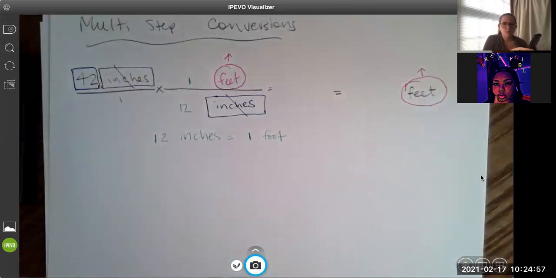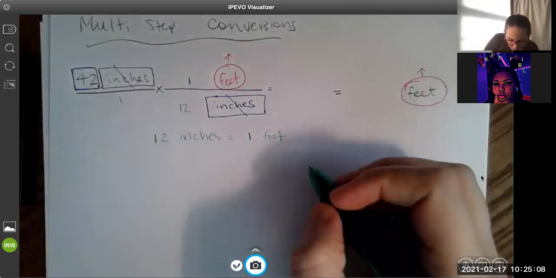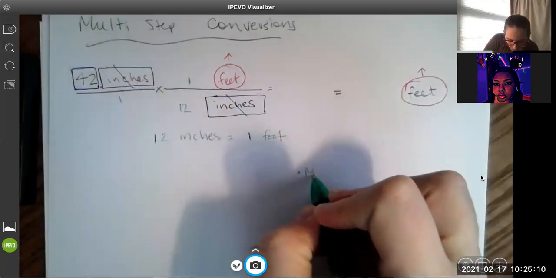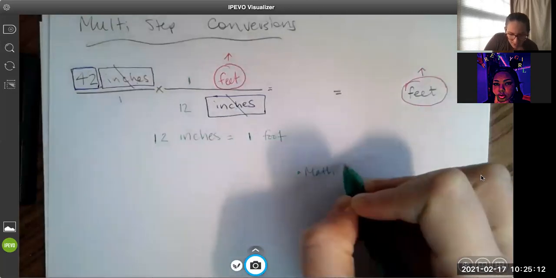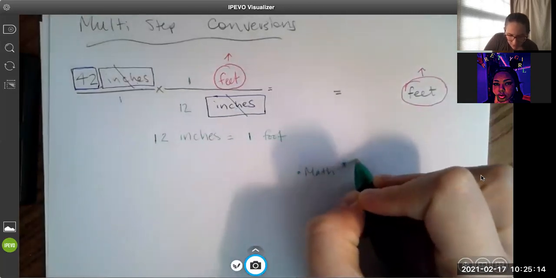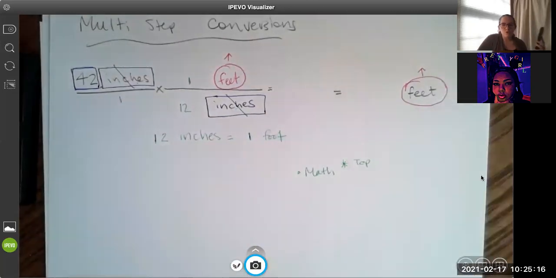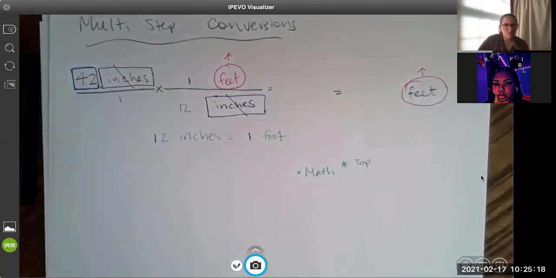Do we do 12 divided by 1? Good question. In our math step, we're going to multiply everything on the top. So which numbers do we have on the top here? We've got a 1 on the top.